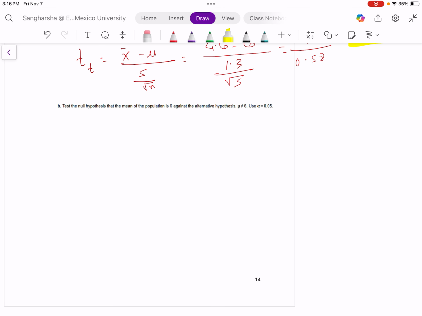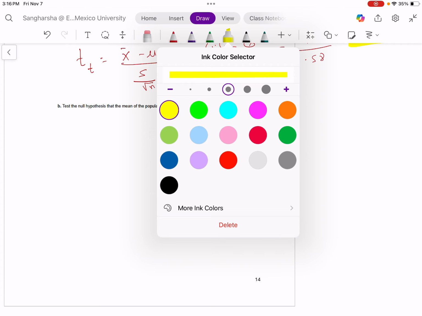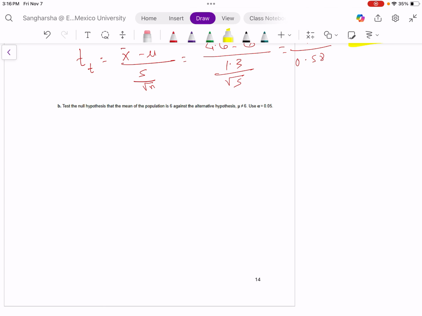So in part B, we have to test the hypothesis that the mean of the population is 6 against this alternative hypothesis: mu not equals to 6.